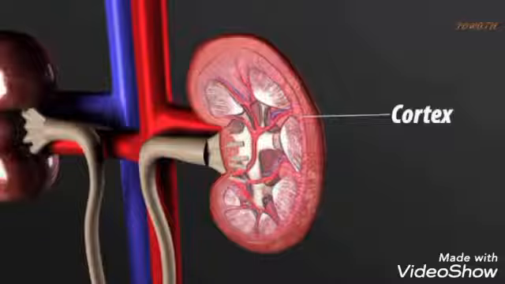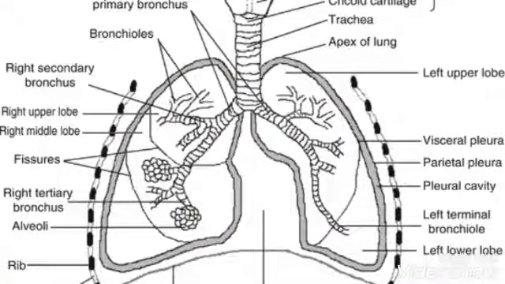Breaking down of one or more of the systems is a serious health condition, for example kidney failure. Four to five important parts in the excretory system: organs of excretion include the skin, liver, large intestine, lungs, and kidneys.